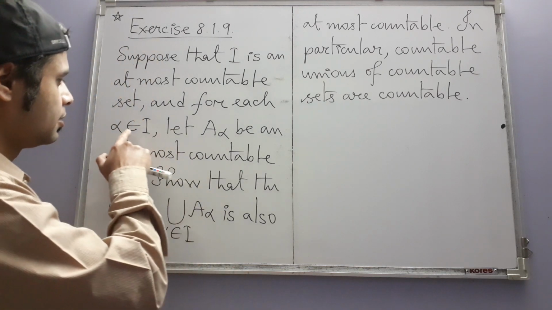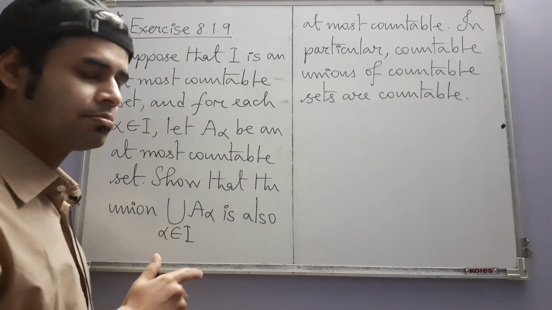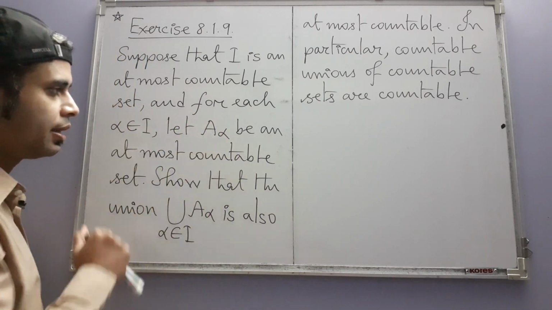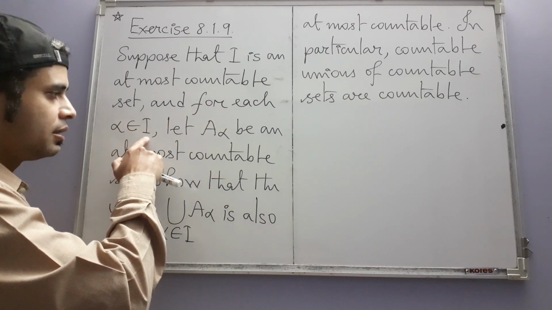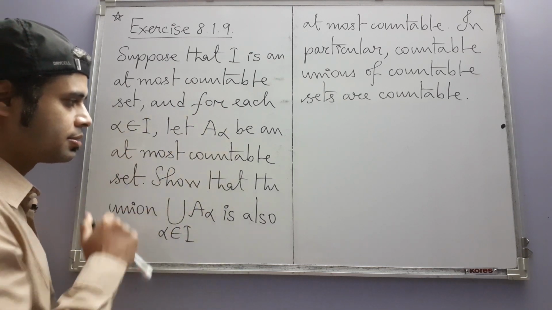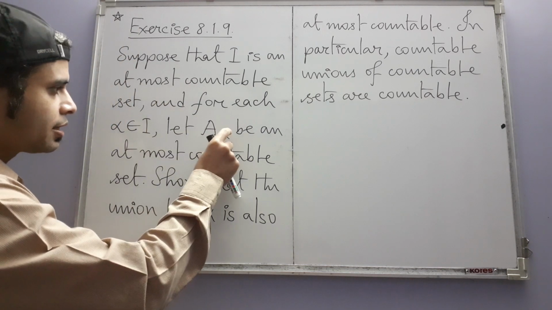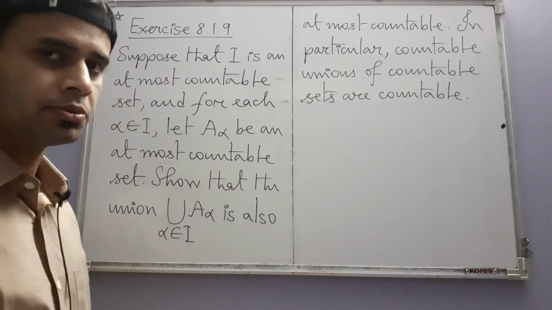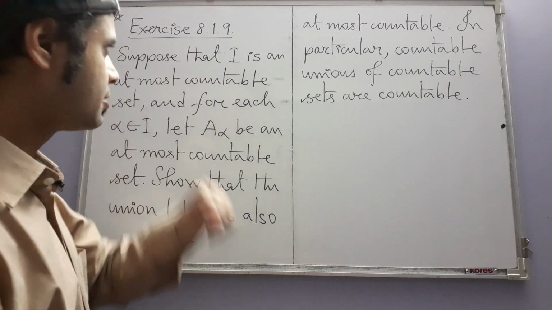In this case, the elements alpha in I are used to label some sets A alpha. Alpha labels A alpha. In this sense, that is, for each alpha in I, A alpha is itself a set, and each such A alpha is given to be at most countable, and our index set I itself is at most countable.